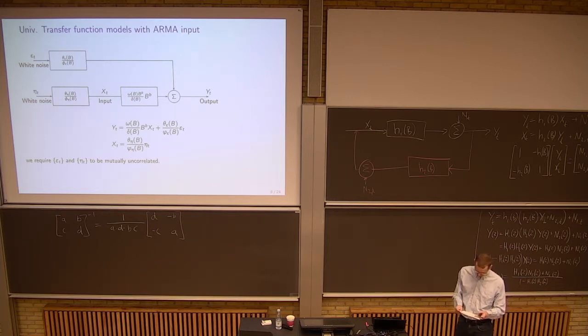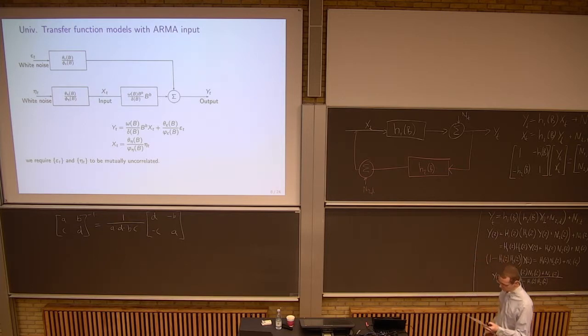There are basically a couple of ways to get around this. So if we look at all the fractions that we have here and just call them transfer functions. At first, what do we then have?